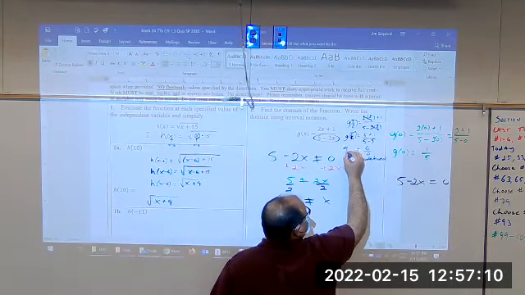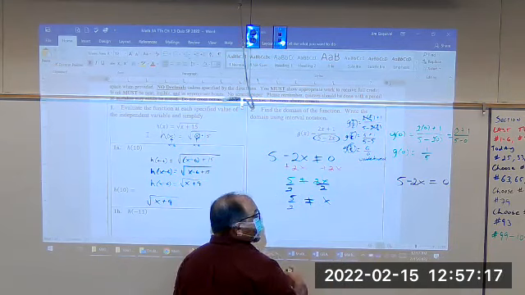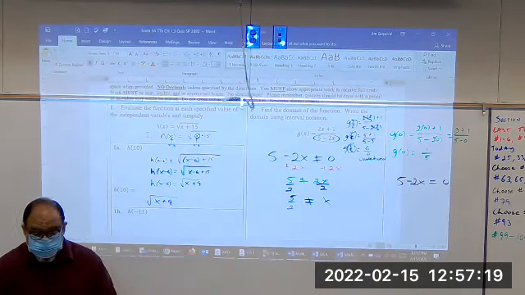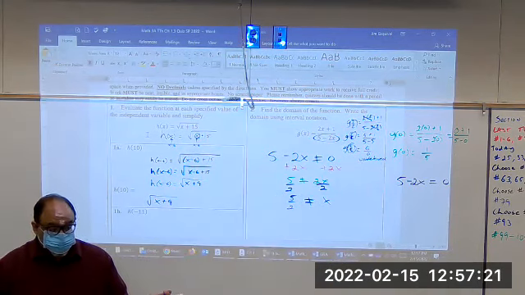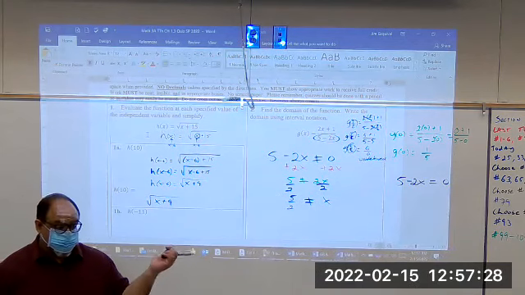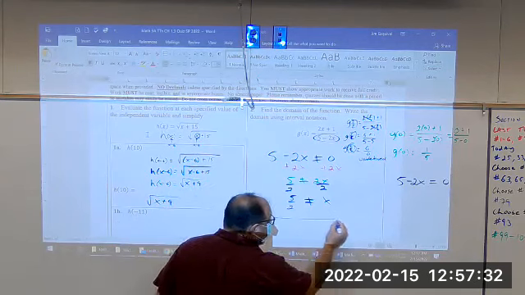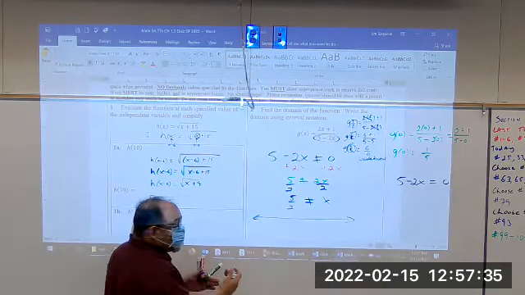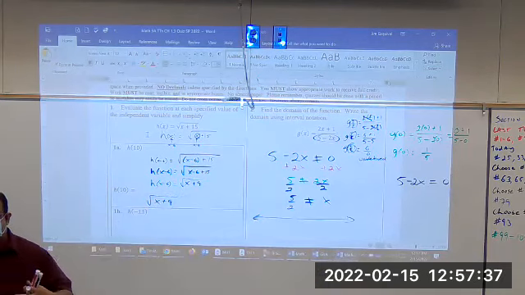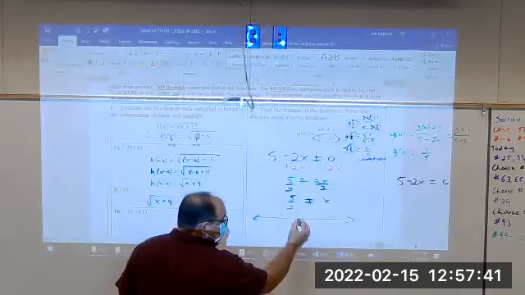Which means when you plug in 5 over 2, the function's undefined, therefore the domain can't have 5 over 2. It's got every other real number. No matter what else you plug in, everything else works. But you can't use 5 over 2 because that gives me 0 in the denominator. If you look at a visual, and I only do the visual to help you see what the interval has to be, you do not have to do the number line.